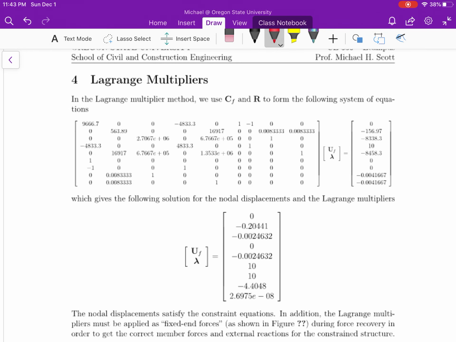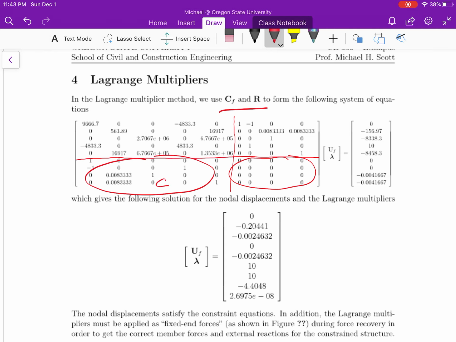Okay, how about Lagrange multipliers? In this approach we use CF and R from the constraint equations to form a larger system of equations. So we get this and this. The lower right block down here is all zeros.